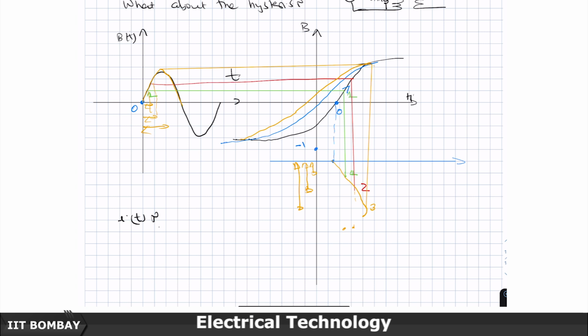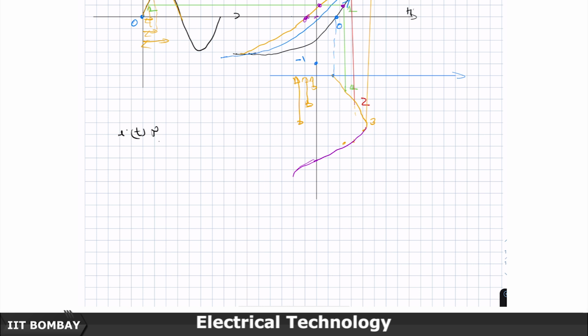And so you can see the current waveform now, the same thing happens here, and when the flux comes to zero value, the current becomes negative because it is dropping down. So the current becomes negative, and I find it a bit difficult to sketch it now, but I am just completing it for the sake of discussion.